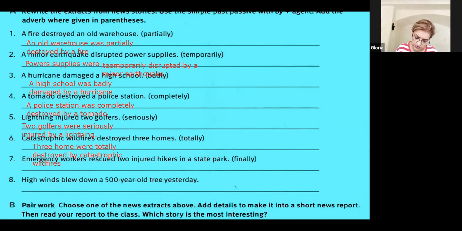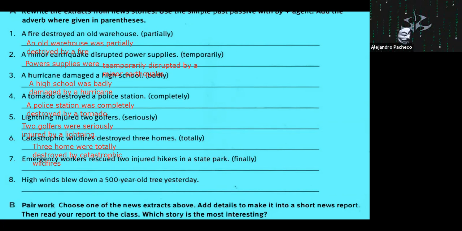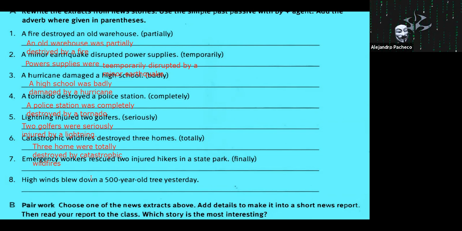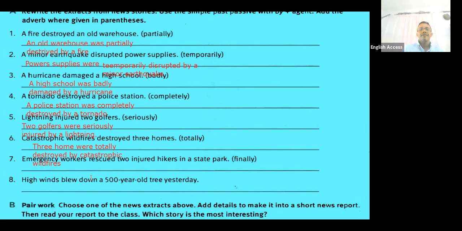Okay, the sentence is: emergency workers rescued two injured hikers in a state park. So you have to include State Park. No. What is the object there?